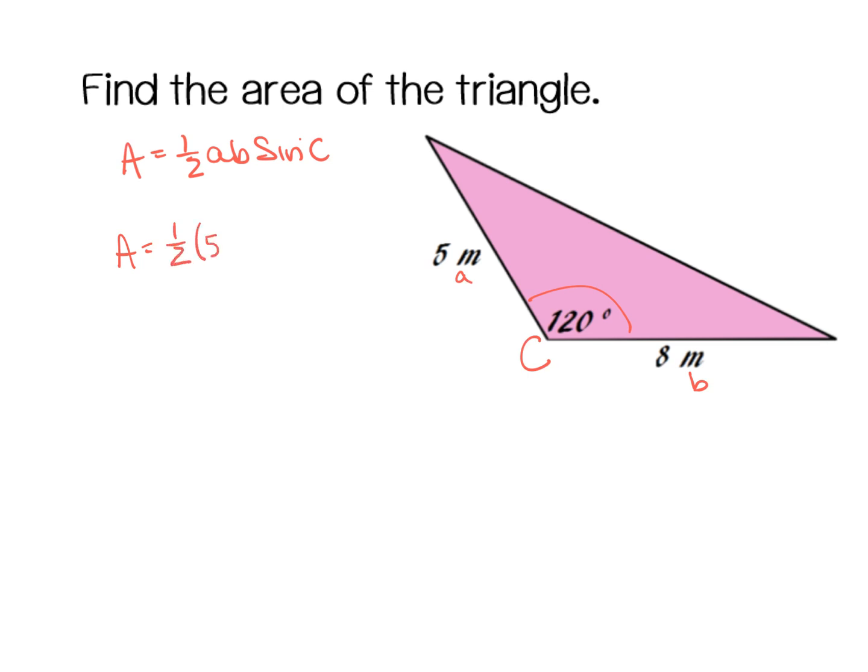My A is 5, my B is 8. I want to multiply that times the sine of my angle, which is 120 degrees. I can literally just type that all in at once. And we have area equals 17.3 square meters. That's all there is to it.